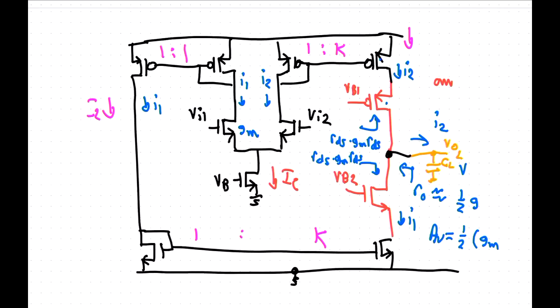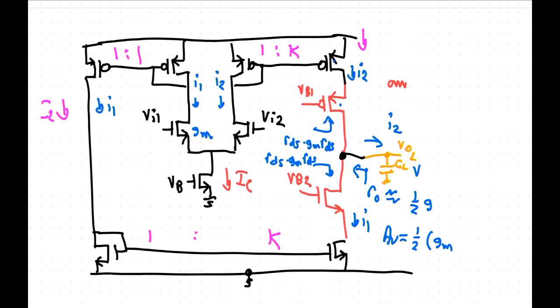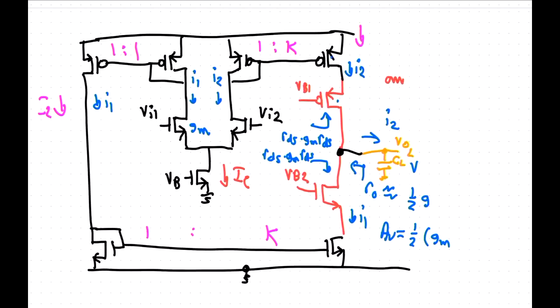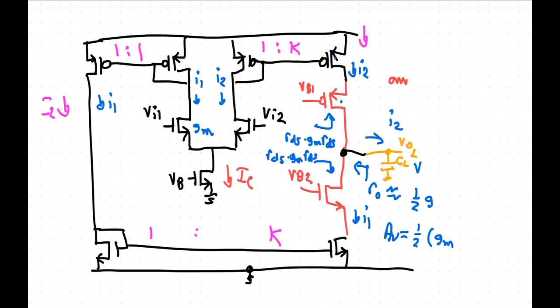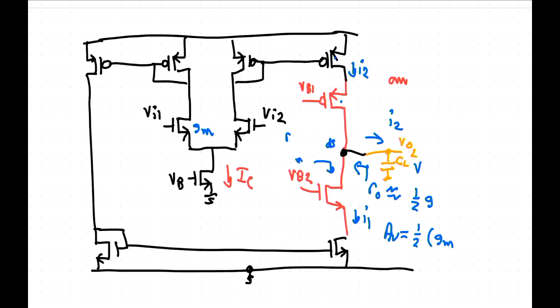So what I've been talking about so far is a single stage amplifier and the OTA. But of course, sometimes you do need to drive a load which is not capacitance. You need a resistive load at the output, and when you do that, you've got to put an output stage on.